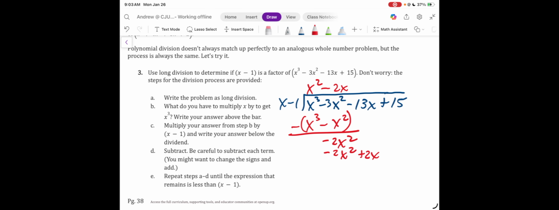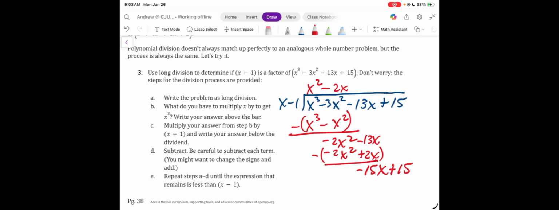I should have brought down the negative 13x. Subtract them. Okay, so the first term should always subtract away to be 0. If it doesn't, you did it wrong. And then we have negative 13x minus 2x is negative 15x. Let's bring down the 15.